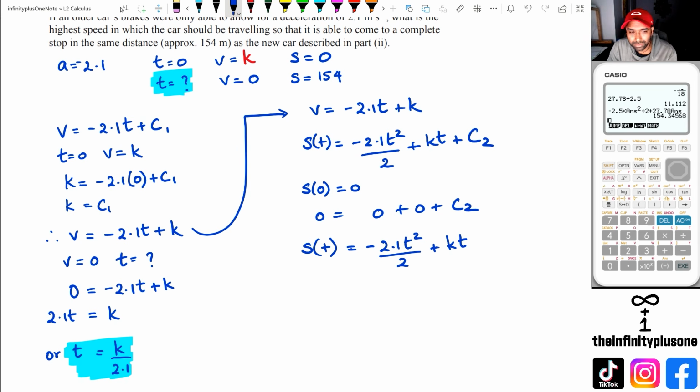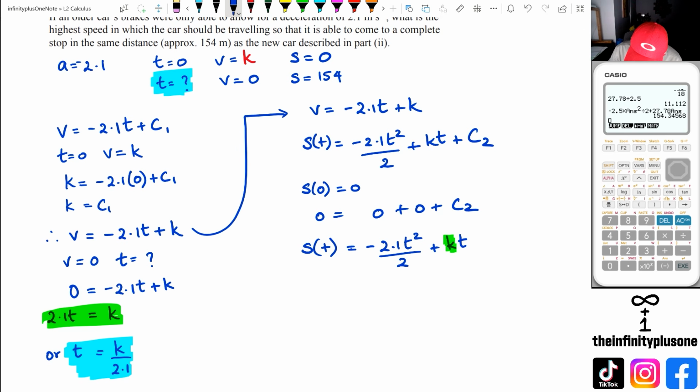Now here's where things are going to get a little bit interesting, because we know that k is equal to 2.1 t. We also know that s is equal to 154 when t is equal to k over 2.1. There's two ways you can do this, and I'm only going to show you one method.